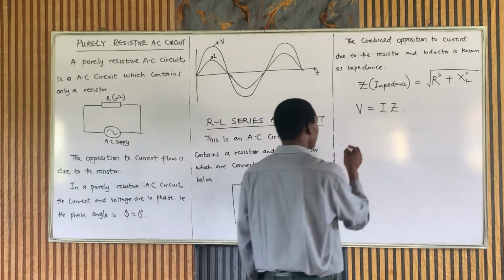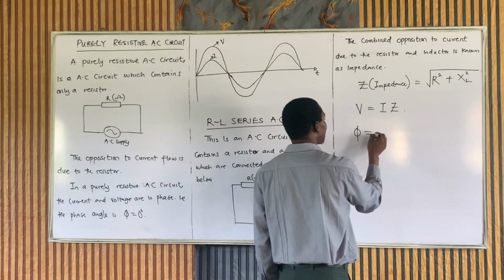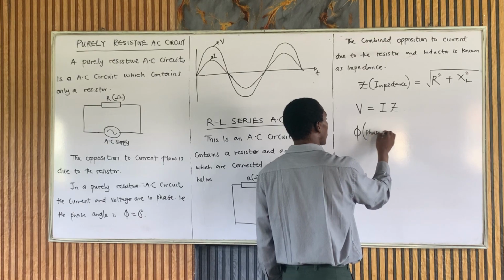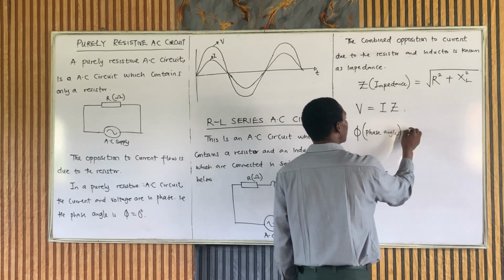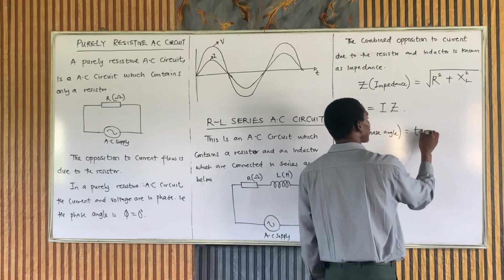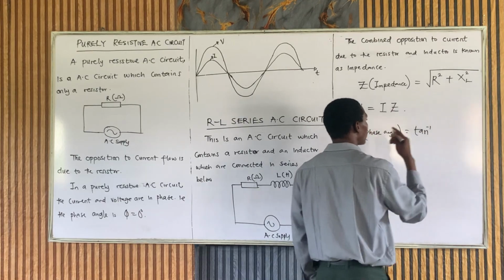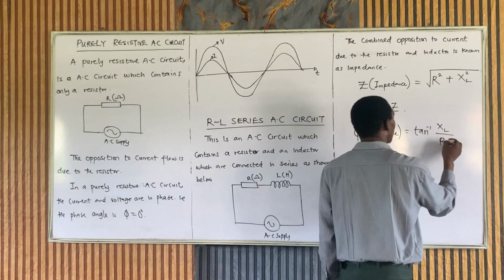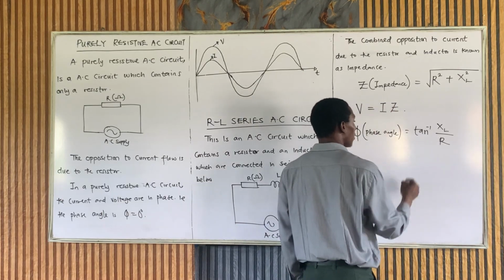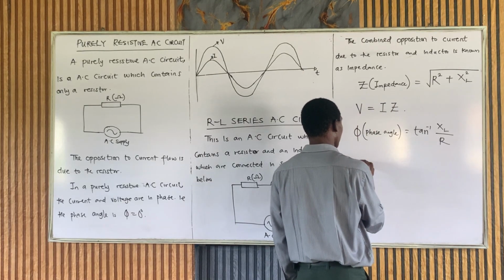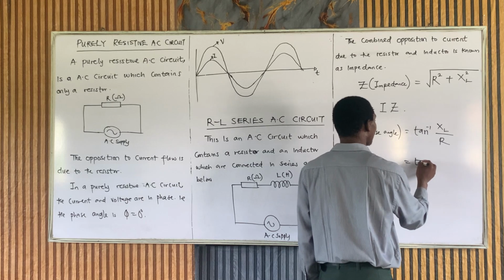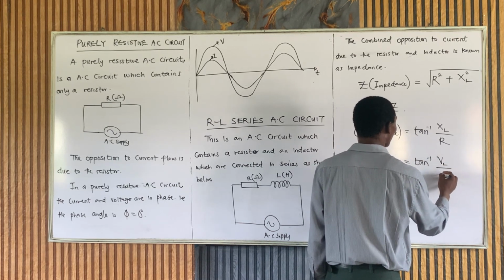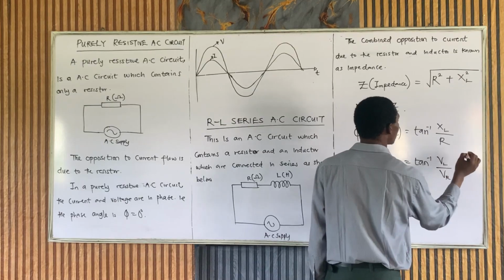And then the phase angle here, phi, is given as tan inverse of XL over R, or phi is also given as tan inverse of voltage in the inductor over voltage in the resistor.